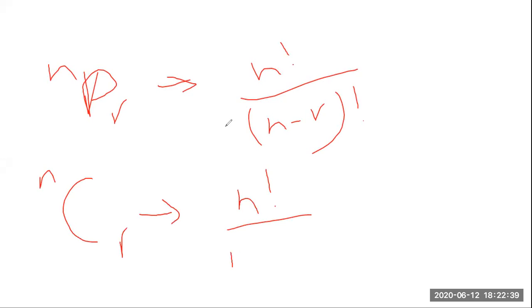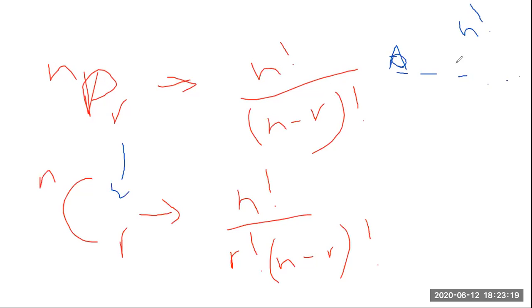The difference between the respective formulae arises from that n factorial means there are total n objects, and when you're taking the combination instead of permutation, it doesn't matter whether something particular is in this position or at the first or the third position.